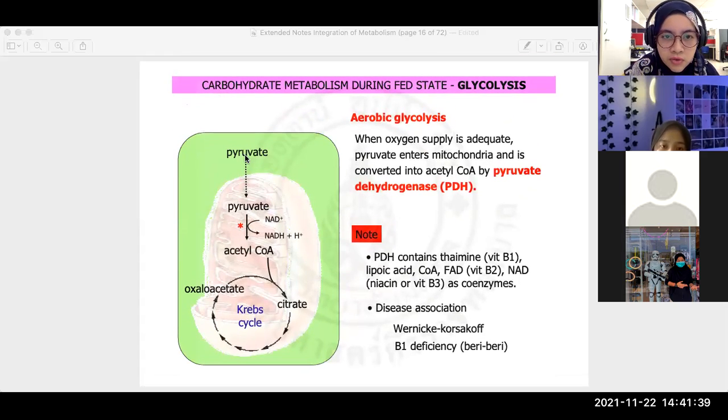For glycolysis, remember, it won't end at pyruvate. This pyruvate will be converted into acetyl-CoA, and this acetyl-CoA will enter the Krebs cycle. This is where more ATP would be produced. More ATP means more energy for us to utilize, right?